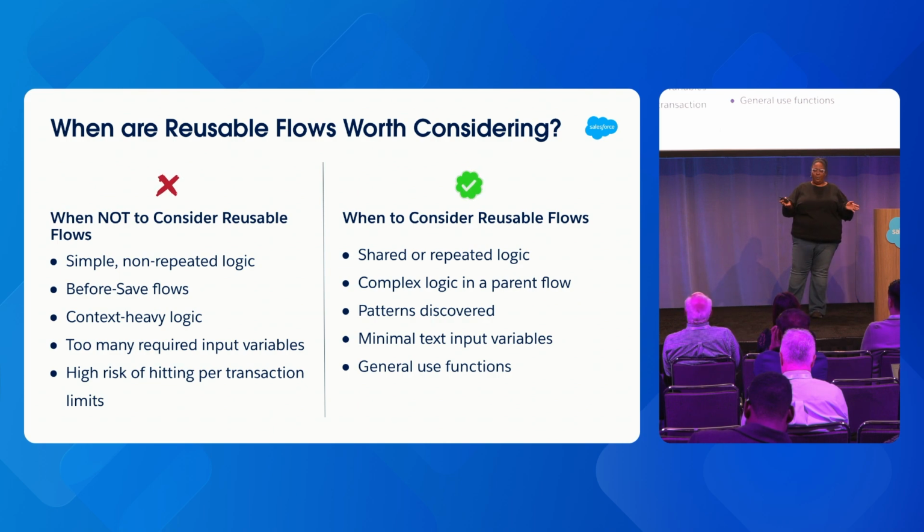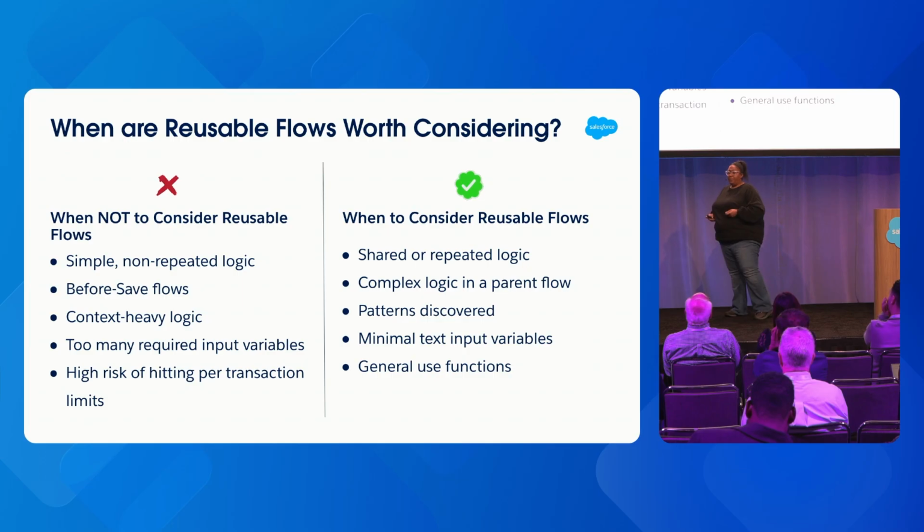Just create the flow. Also, they're not available for before save flows, so something definitely to consider. And then anytime you run the risk of hitting transaction limits, there's too many variables, it's very context heavy, just not a good situation for a subflow. This should handle simple logic.